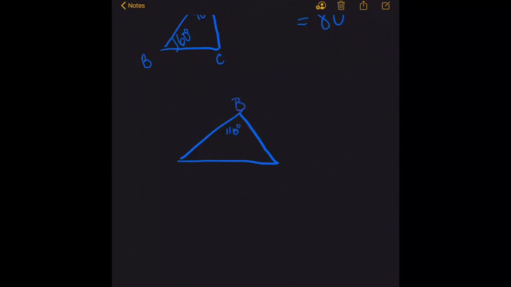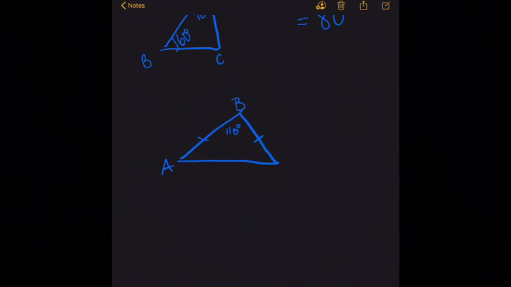That's angle B. These have marks on them that say, okay, well, these two sides are the same. They are congruent, same size. So at this point, how can we figure out the measure of angle A and the measure of angle C?